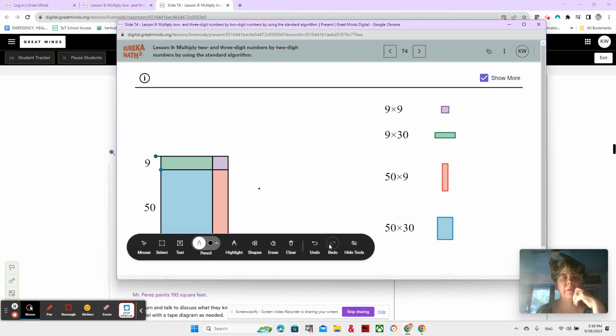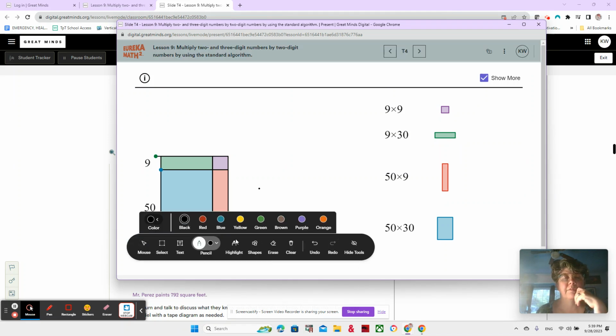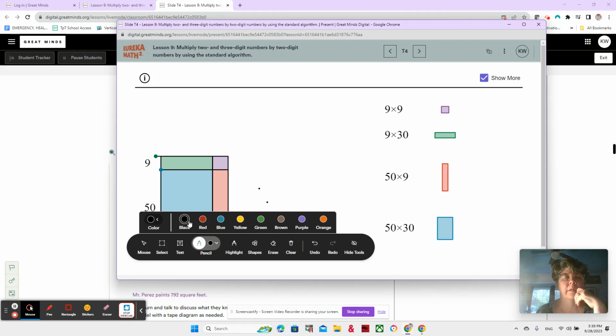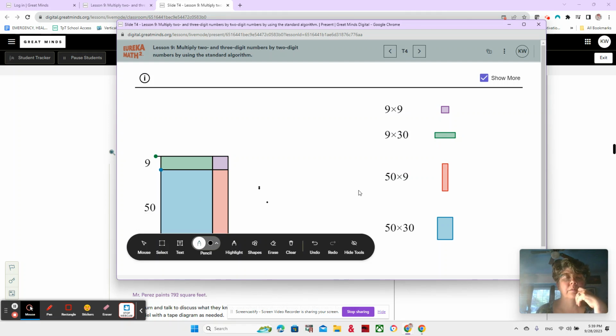Isn't that funny? It will only let me use the tools if the tools are open. I want to move the tools so that I can see the work behind them.